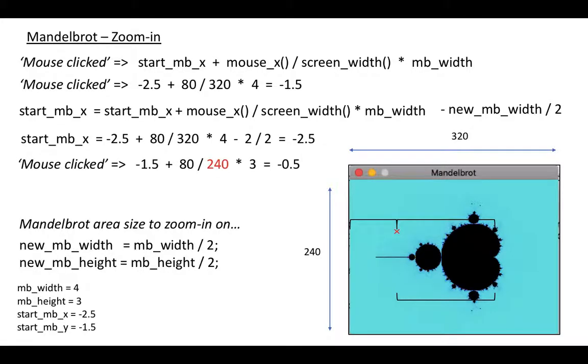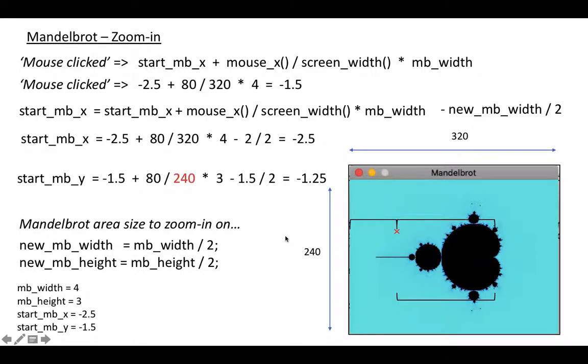So to do the height, what we're going to need to do is to calculate the same equation. It's going to be simply the start MBY and the mouse Y, and if we calculate where the mouse clicked is, it's going to be minus 0.5, and that looks about right as well.